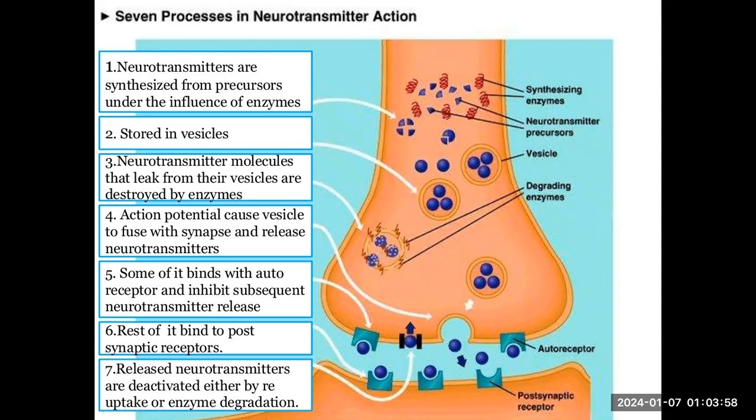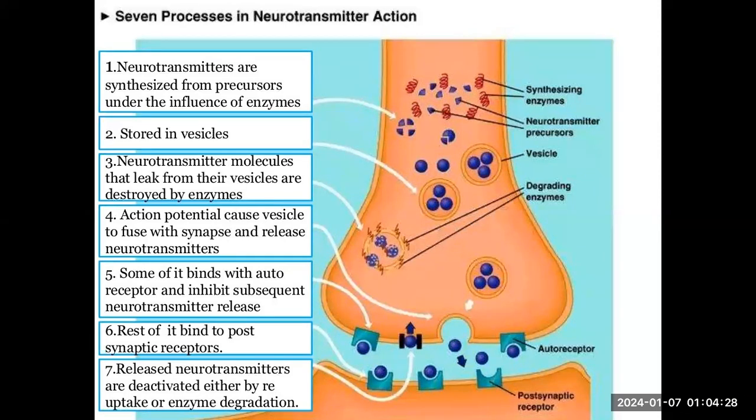Number 4, action potential causes vesicles to fuse with the synapse and release neurotransmitters. You can see right here, the vesicles fuse with the synapse, and the neurotransmitter is released into the synaptic cleft.